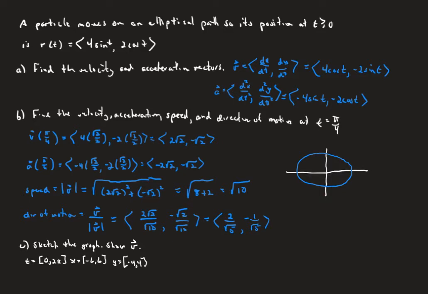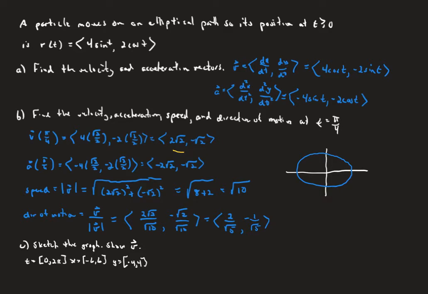Now you're going to be able to see the direction that it goes in here, but you're also going to be able to see that from the velocity vector. So I'm going to put the velocity vector in here in yellow, and if you notice that our velocity vector has a, oops, that's not right.